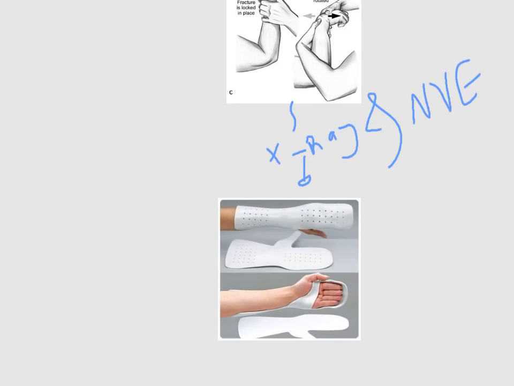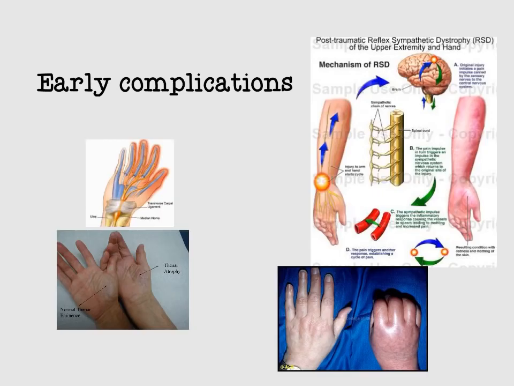After this, we can close the arm with a crepe bandage, but this is not very important. The outcome in old people is good, but in young people it is poor.